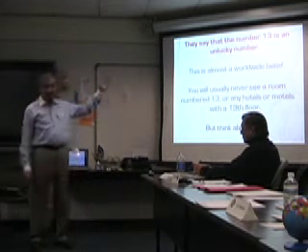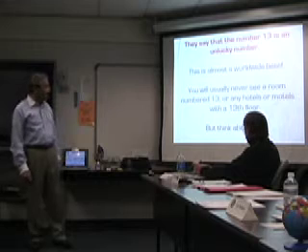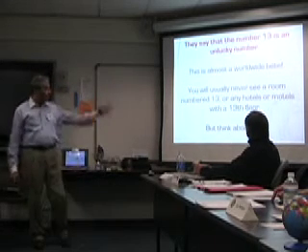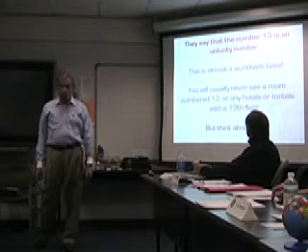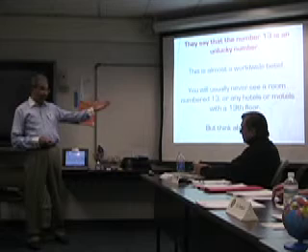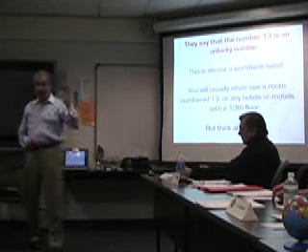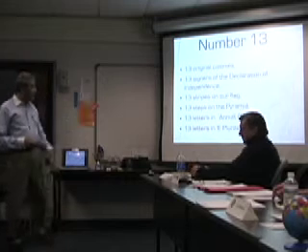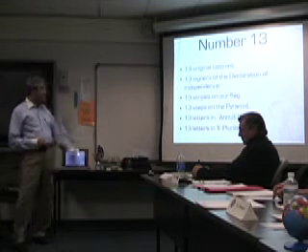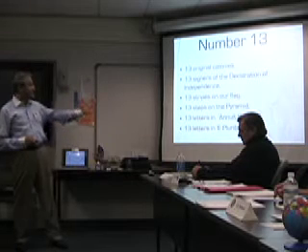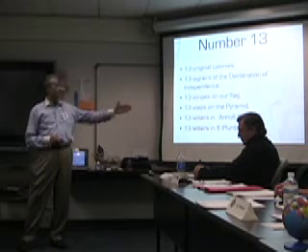They say that the number 13 is an unlucky number. This is almost a worldwide belief. You usually never see a room number 13 in a hotel, or hotels with a 13th floor. But think about this. There are 13 original colonies, 13 signers of the Declaration of Independence. There are 13 stripes on our flag, 13 letters in annuit coeptis, 13 letters in E pluribus unum.